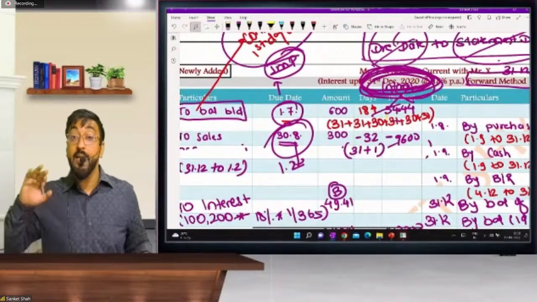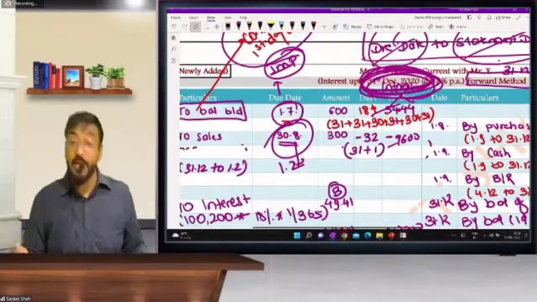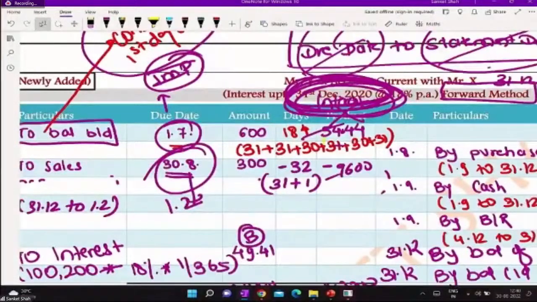If due date is after statement date, and write it in comment also. Due date is after statement date.